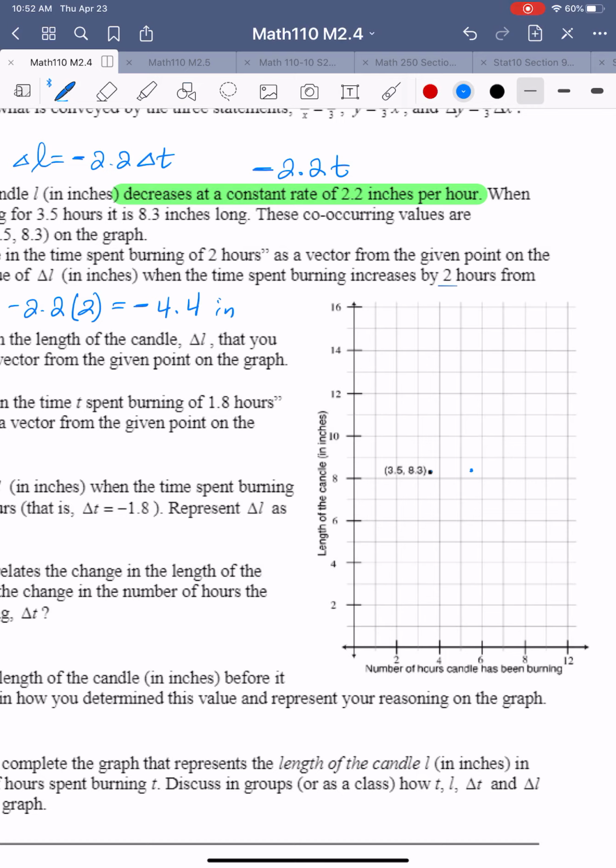So about here, isn't it? And then it decreases by 4.4 inches. So this is going to be about 1, 2, 3, 4, and then 0.4. So about here.